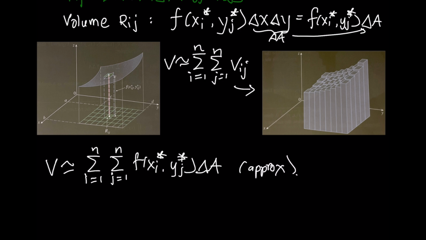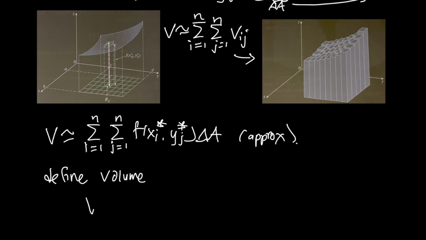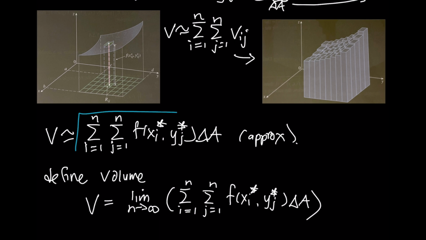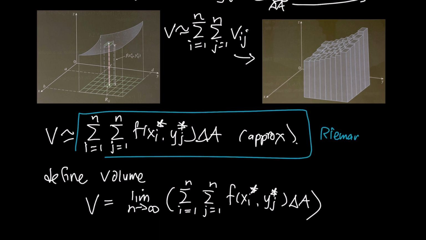You can see that in the picture on the left here, sometimes this column peaks over the function, sometimes it peaks below. So what we are going to do is define the volume as the limit, as the number of these boxes goes to infinity, of this double sum. This double sum is what's called a Riemann sum, but it's just been extended to a function of more than one variable.